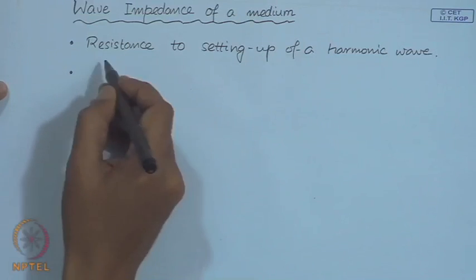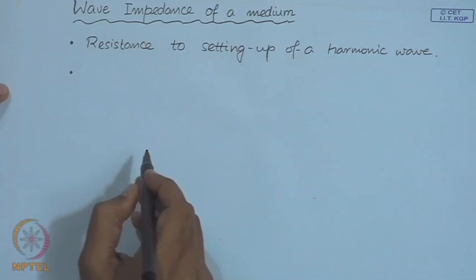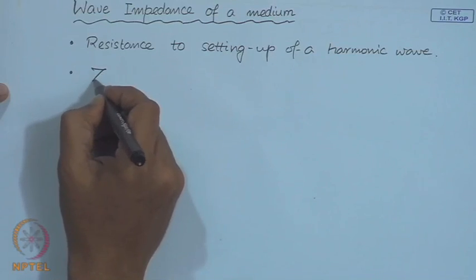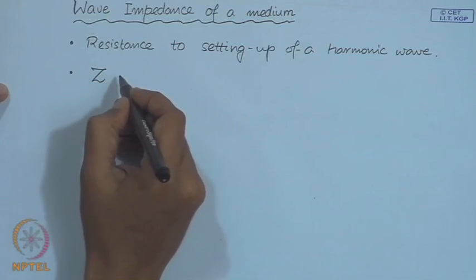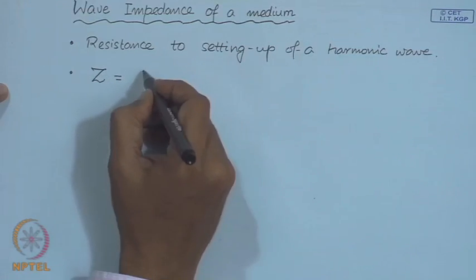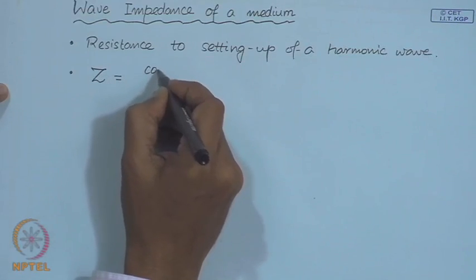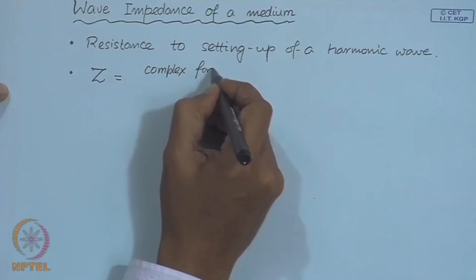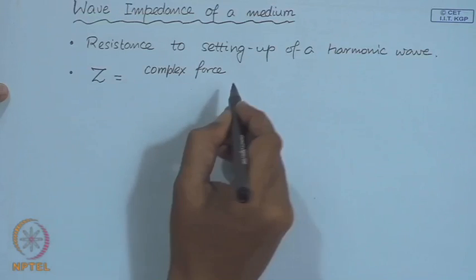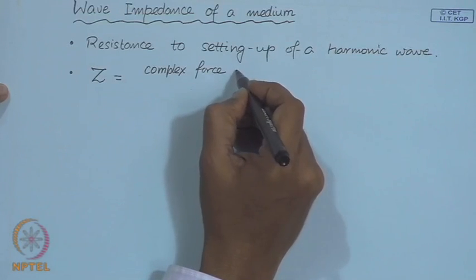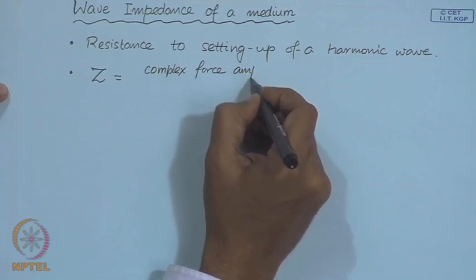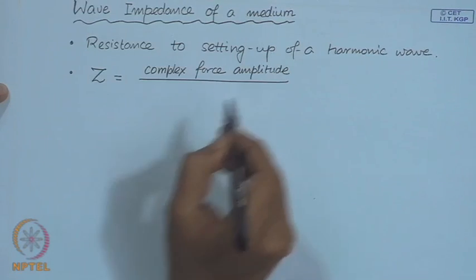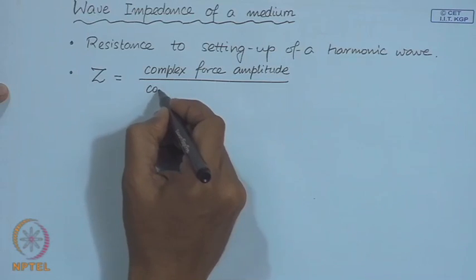And mathematically this is written in terms of, so impedance is denoted as Z, is the ratio of the complex force amplitude divided by the complex velocity.